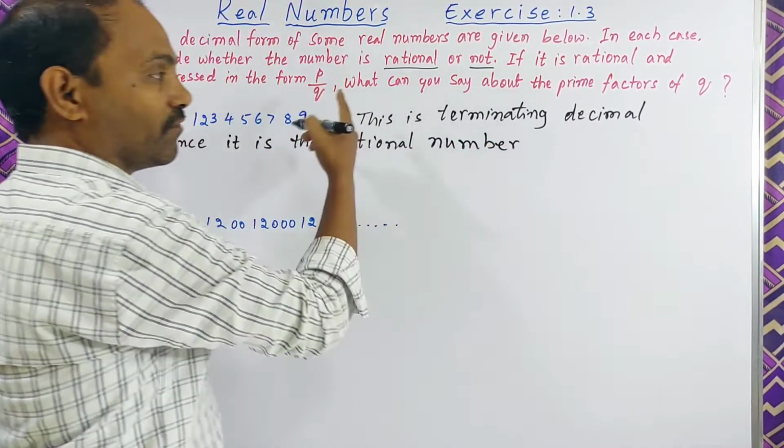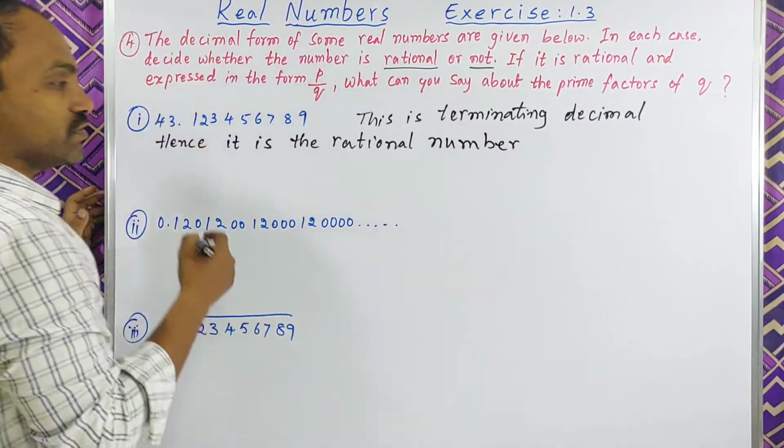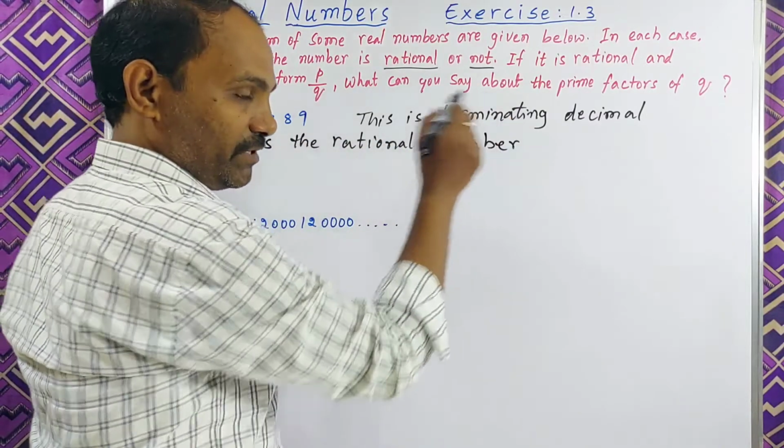And what about p by q, the denominator q? It is a rational number and terminating also.